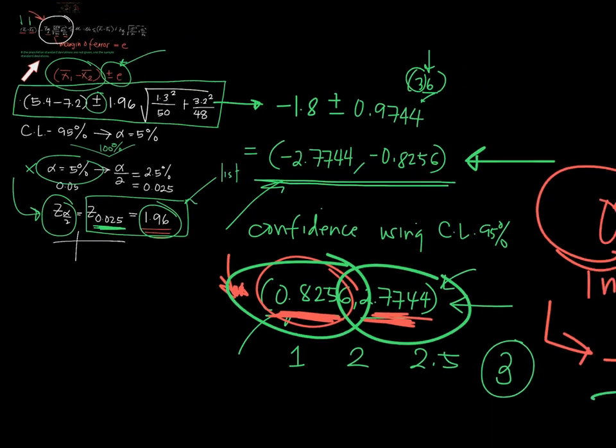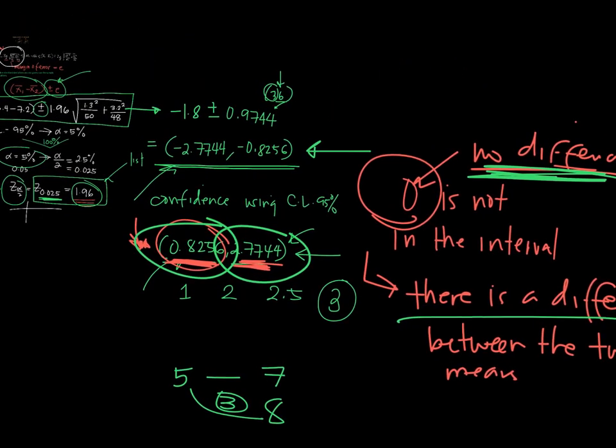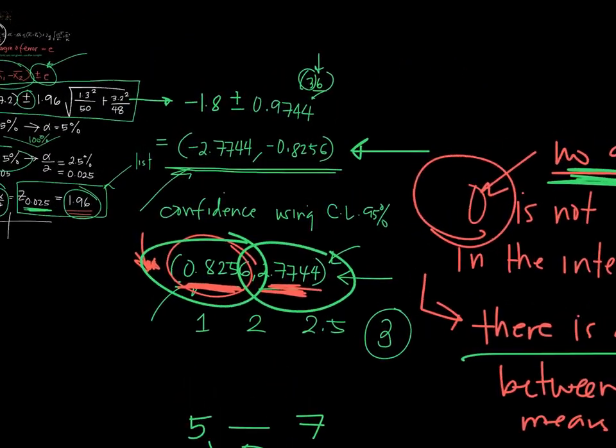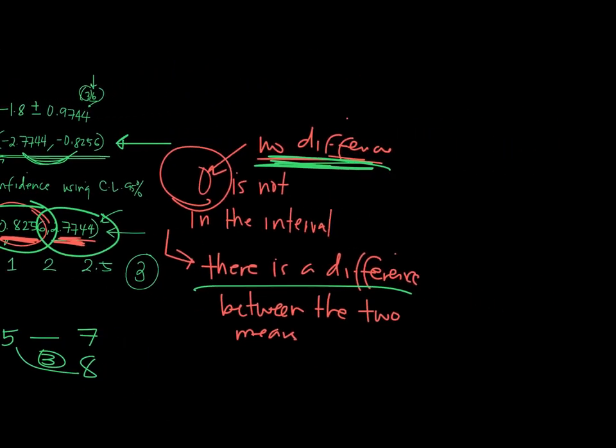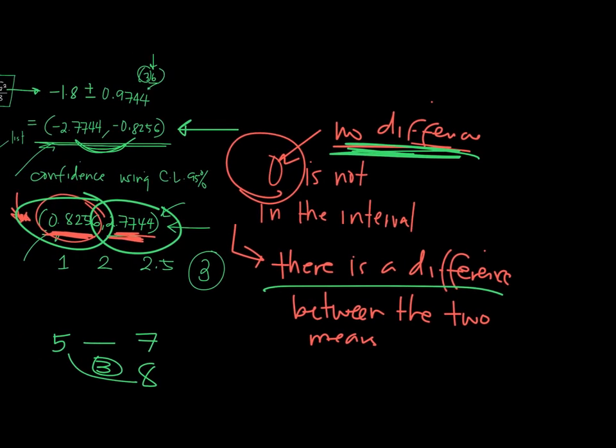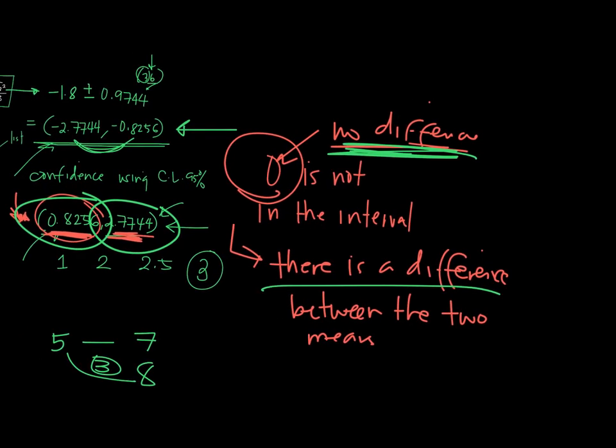Lastly, you need to know how to interpret our confidence interval. This is how much they differ, from 0.8256 to 2.7744. And as a final note, if 0 is not in the interval, then there is a significant difference between the two means, because 0 means no difference.